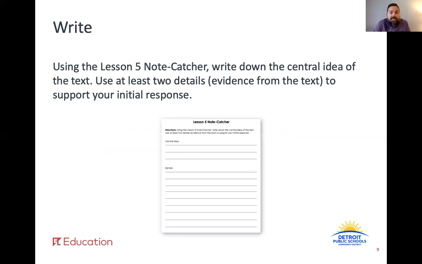Please take out your Lesson 5 note catcher. Using the Lesson 5 note catcher, write down the central idea of the text. Use at least 2 details or evidence from the text to support your initial response. I'm going to go ahead and give a quick example of this. A lot of times you can find this central idea, which is what the author wants you to mainly take away from reading something.